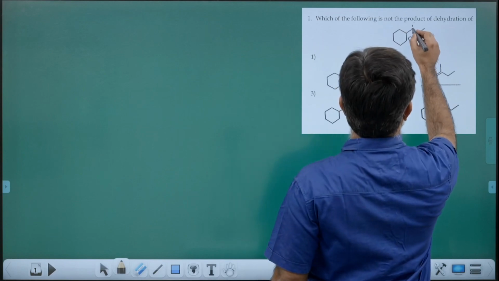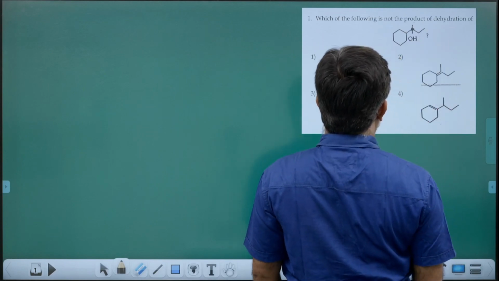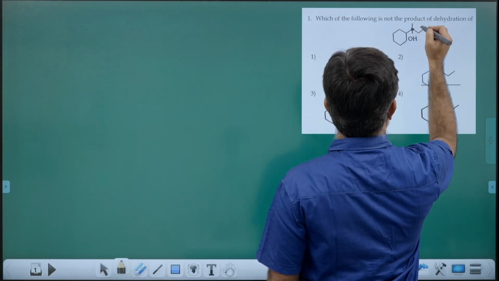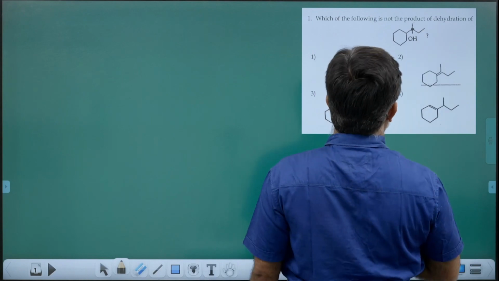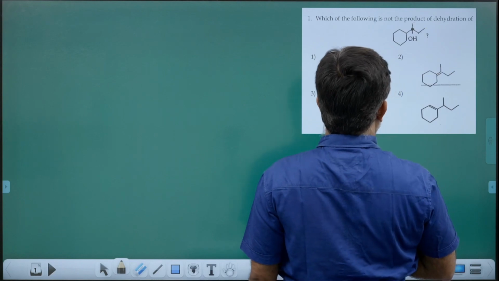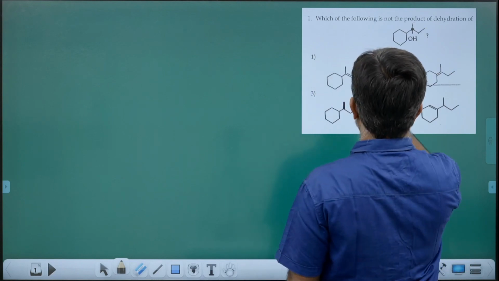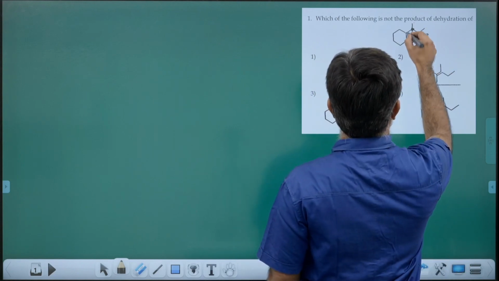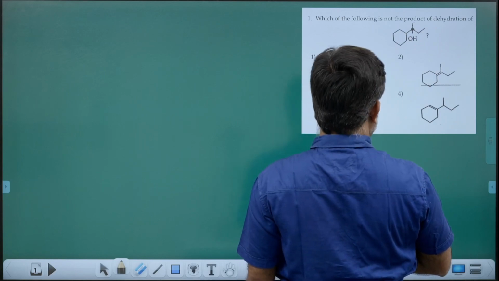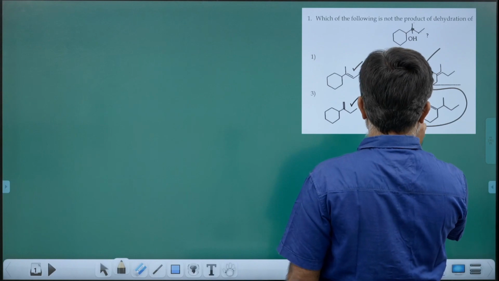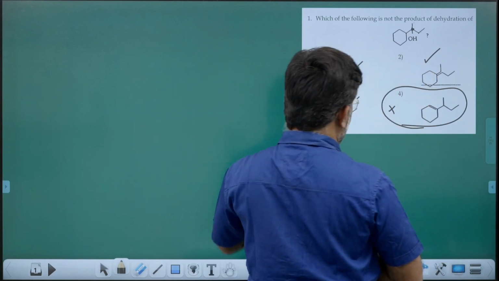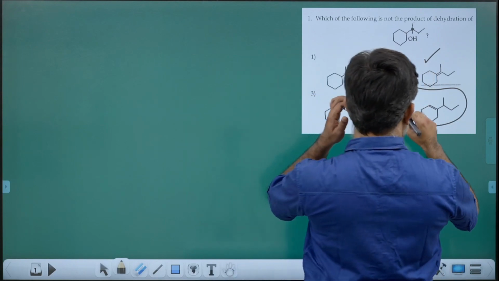This is the alpha carbon from which OH is going, and this is beta carbon from which hydrogen goes. You get this product. This is beta carbon from which hydrogen goes. You get this product. This is beta carbon from which hydrogen goes. You will get this product. And the one non-possible product is the fourth one.